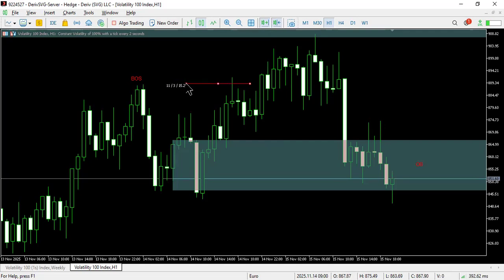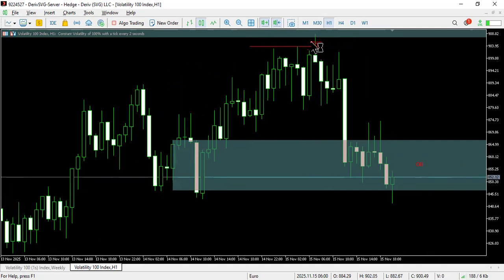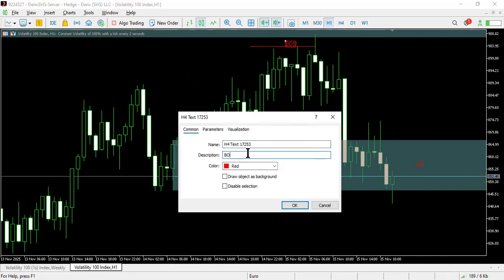So I can see a buy side liquidity sweep here, where price stepped into that resistance. Price swept liquidity, and then it's now pushing down.